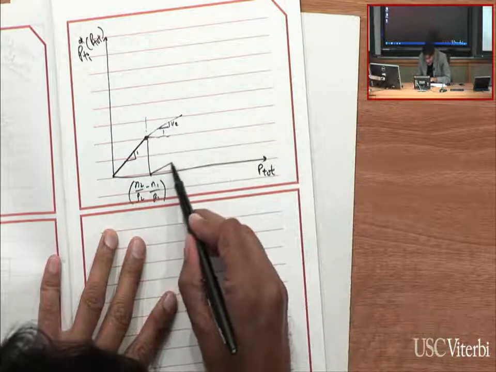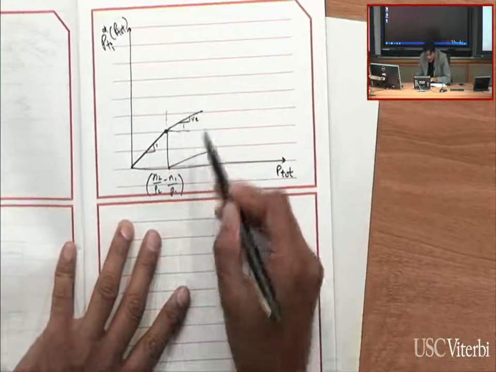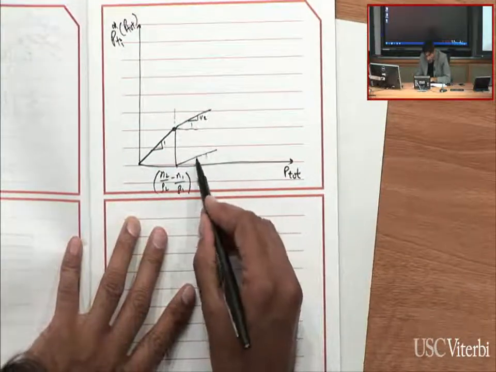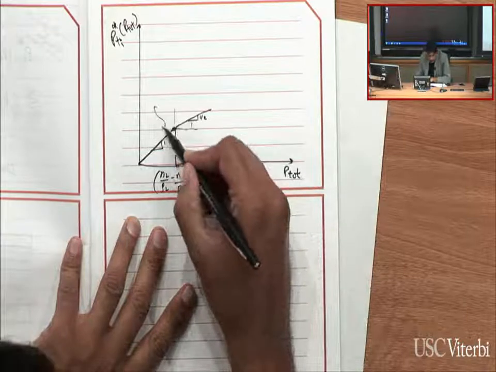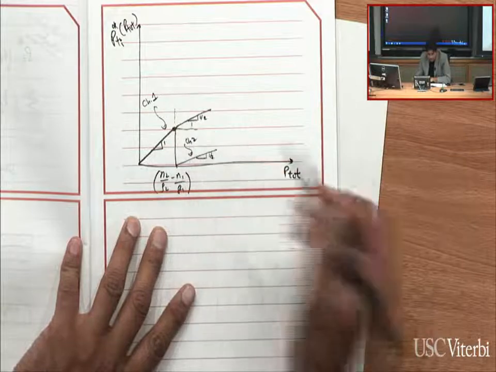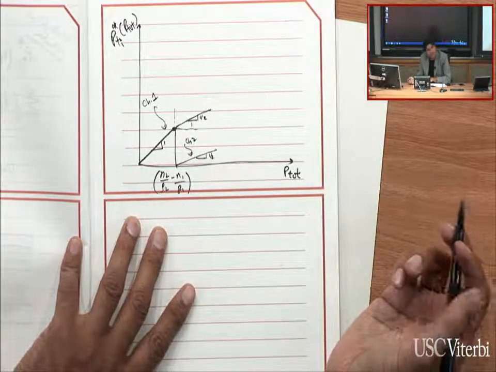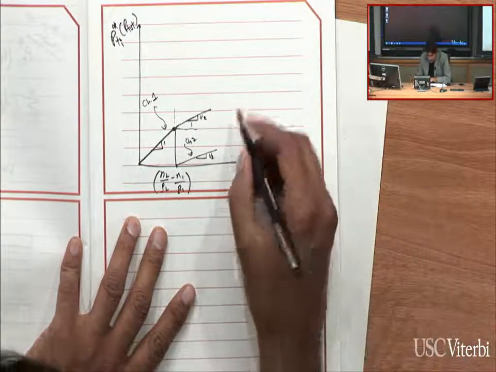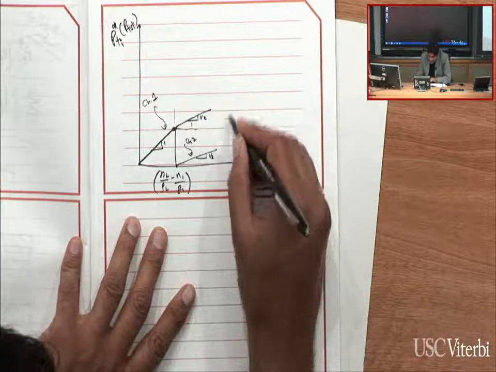And the second channel starts to receive power as well with a slope half. So this is for channel 1. This is for channel 2. Right? And this will keep going until a certain point.